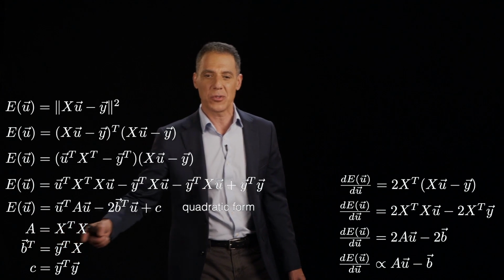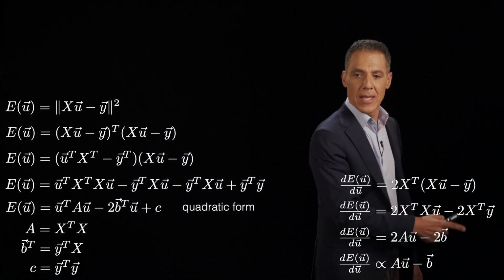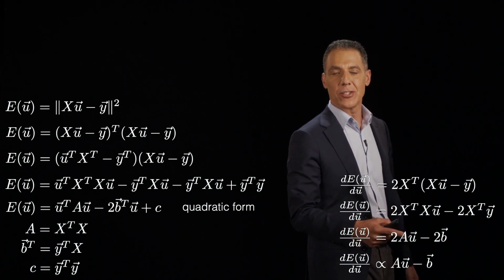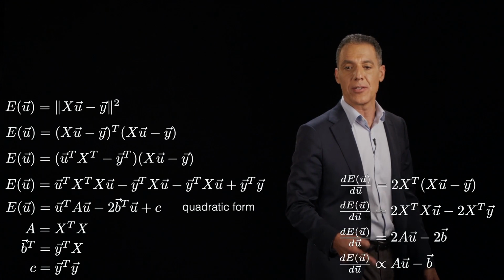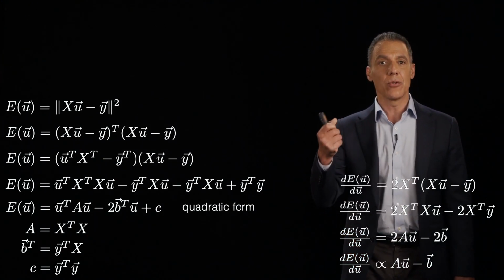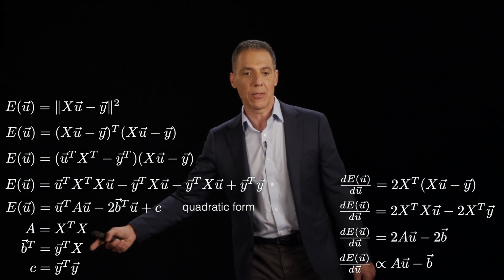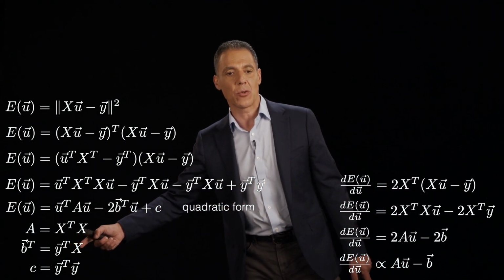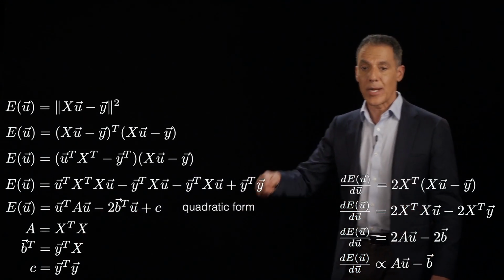That's why I did the transpose here. So this thing is just minus 2b. I'm not going to care about that scale factor because eventually I care about direction and not magnitude. So I'm going to go ahead and drop the 2 out. And the derivative is Au minus b, where A is X transpose X and b is, well, b transpose is y transpose X, so b is X transpose y. So there is my gradient now.